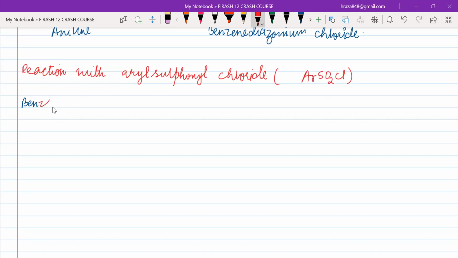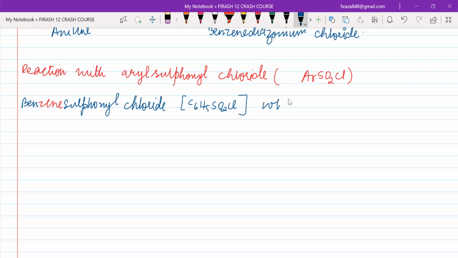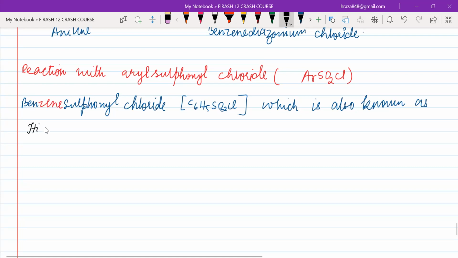So if I take this as benzene sulfonyl chloride, that is C6H5SO2Cl, it is also known as Hinsberg reagent.